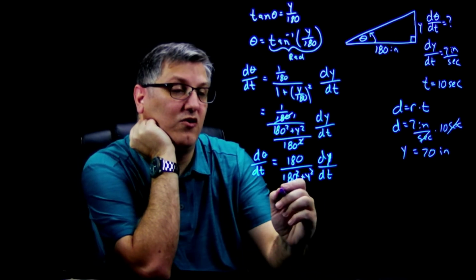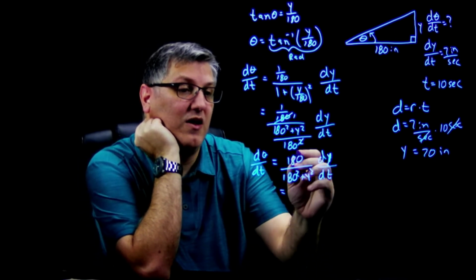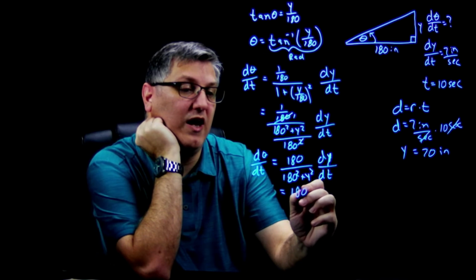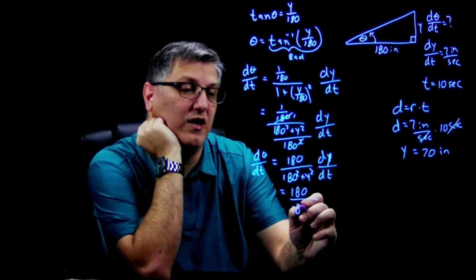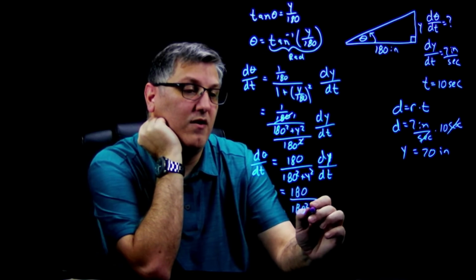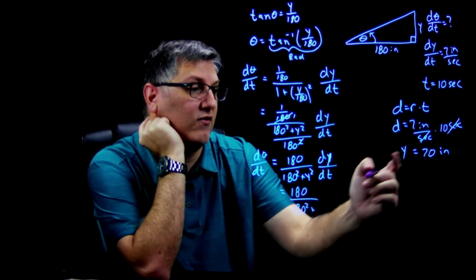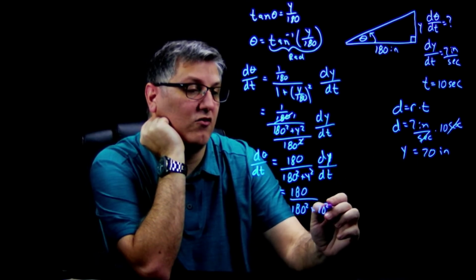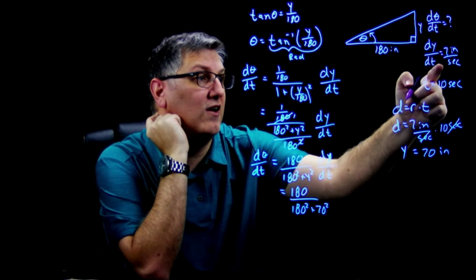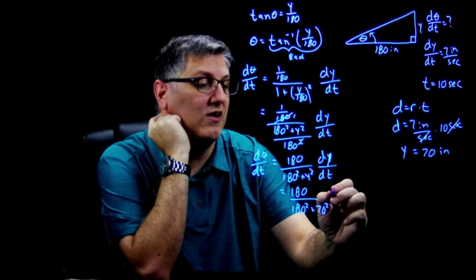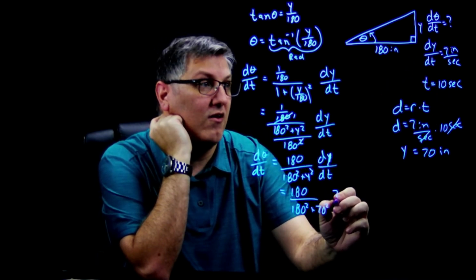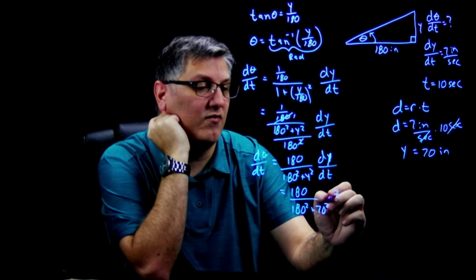Okay, so let's plug everything in. I've got 180 over 180 squared plus 70 squared, times dy dt, which is 7.